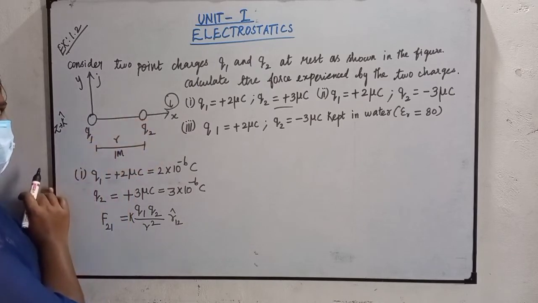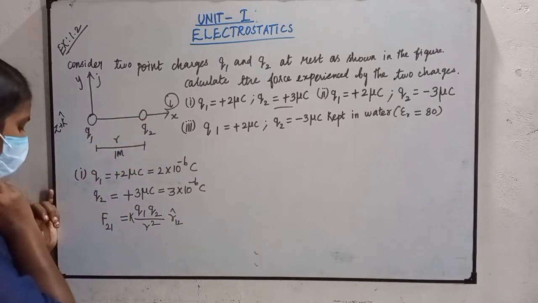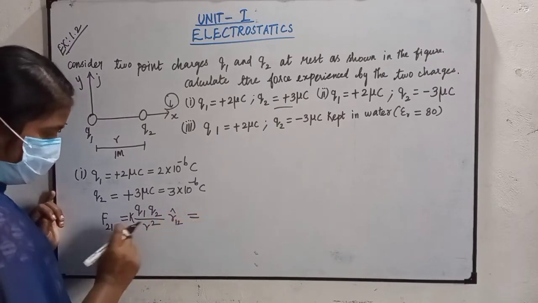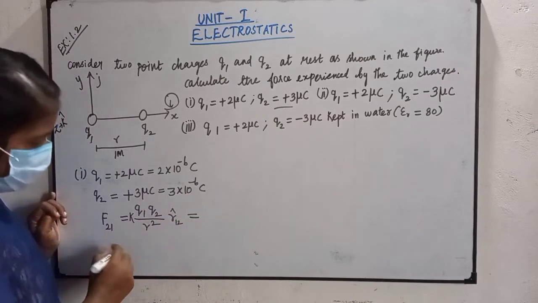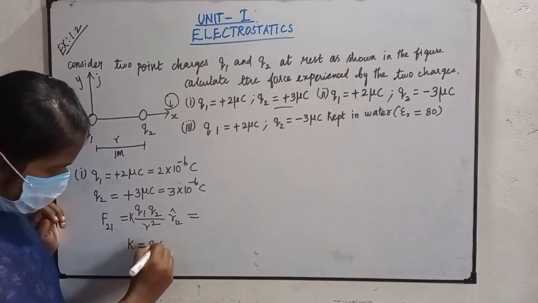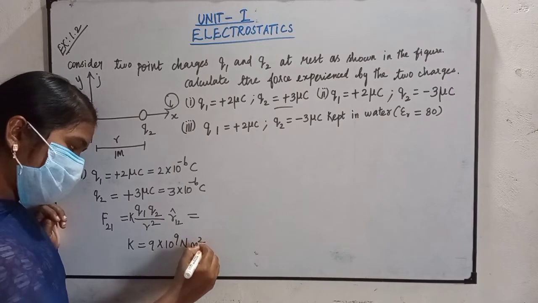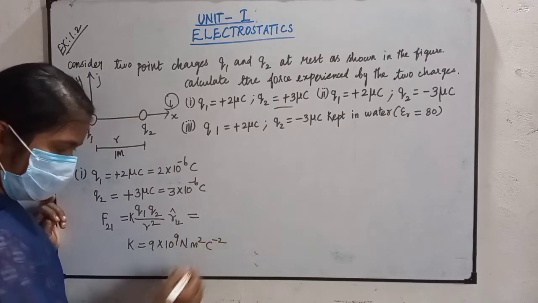Now we have to substitute all these values. We know the value of k: 9 into 10 to the power 9 Newton meter square per Coulomb square.